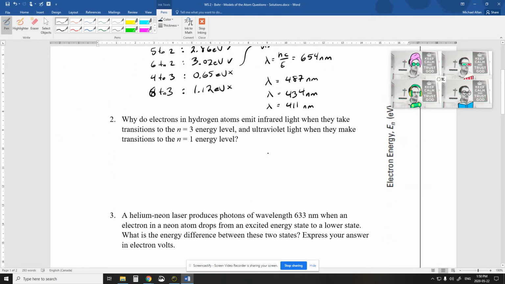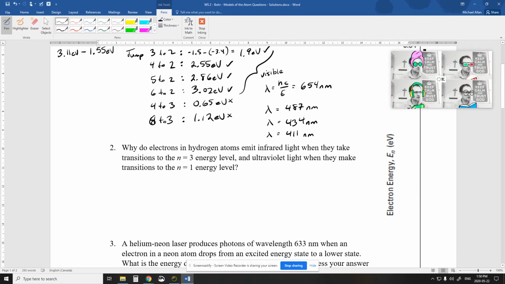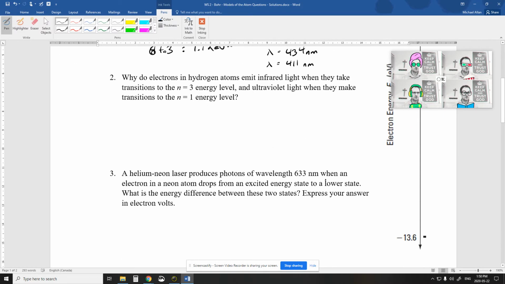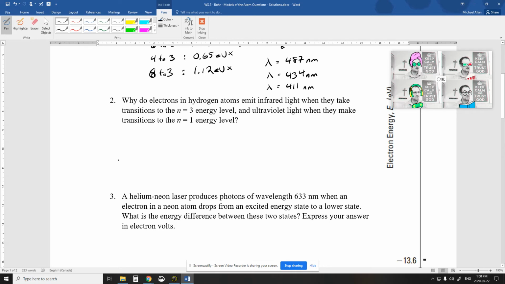Okay, next one here. Why do transitions in hydrogen atoms emit infrared when they go down to 3 and ultraviolet when they make a transition to 1? Well, I kind of showed it here. It's just that the jump is too small, right? If it's too small, you're not going to have enough energy. And for the second part, the jump is too big.